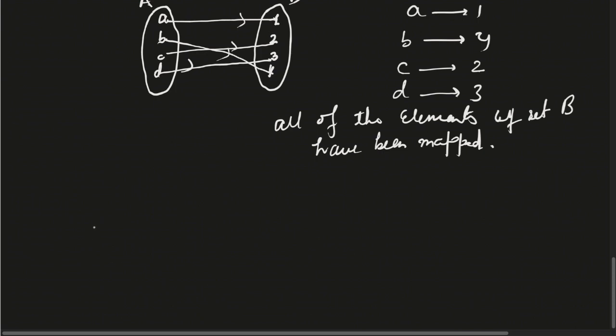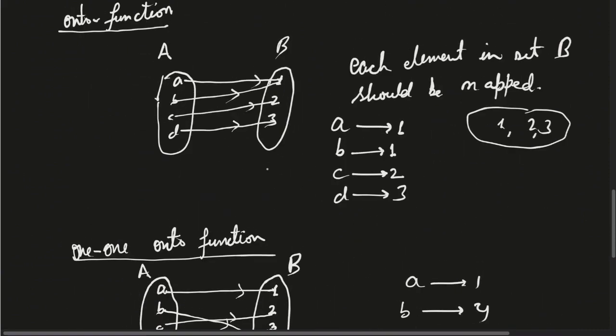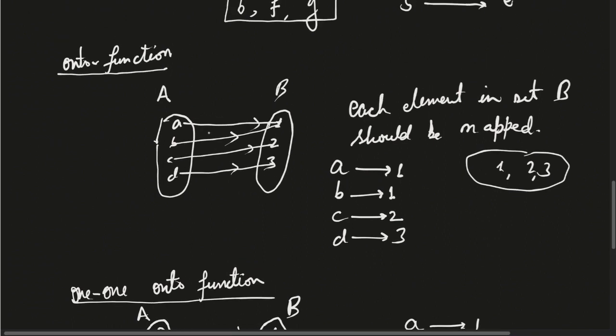So we can draw some observations from these functions. Let us discuss the first observation: for an onto function, codomain is equal to range.